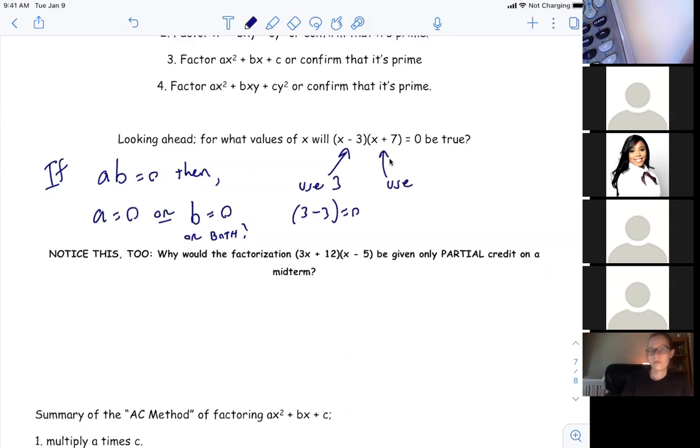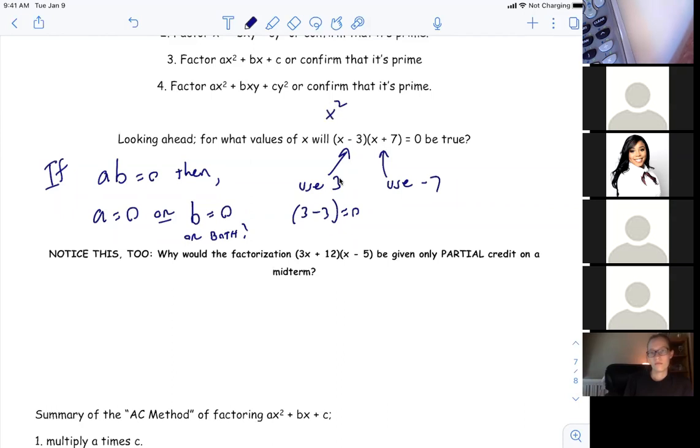Here, if we would use a -7, we'd get -7 minus 3 would be -10, but who cares, because it's going to get multiplied by -7 plus 7, which is 0 right there. It'll be a solution. So having this in the factored form is very nice.